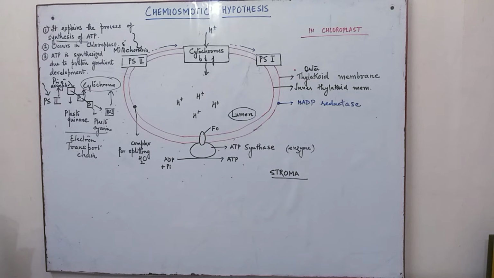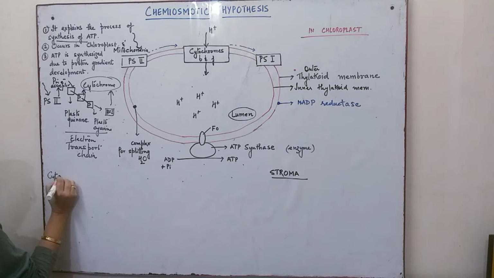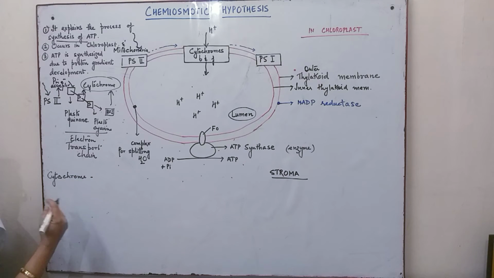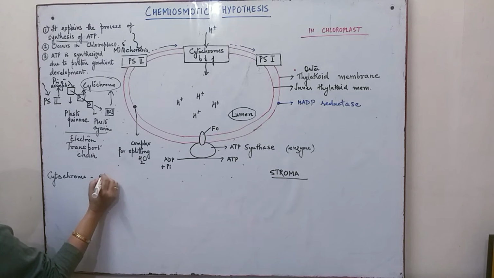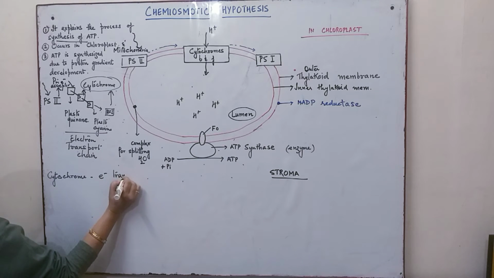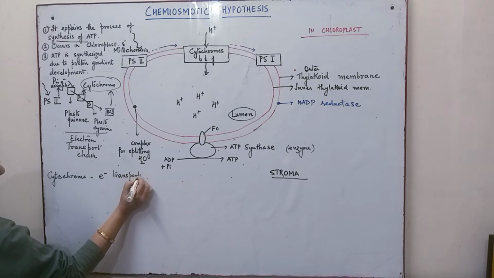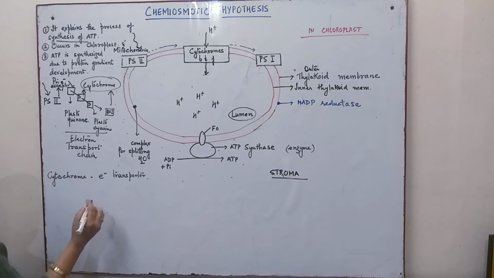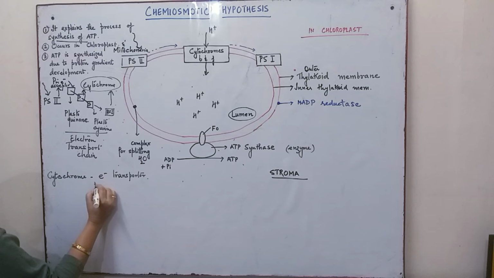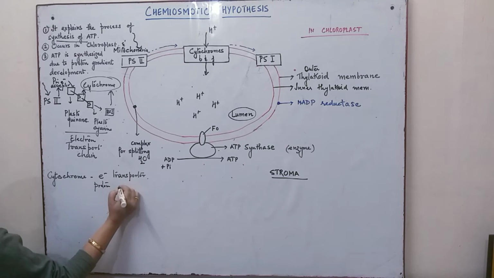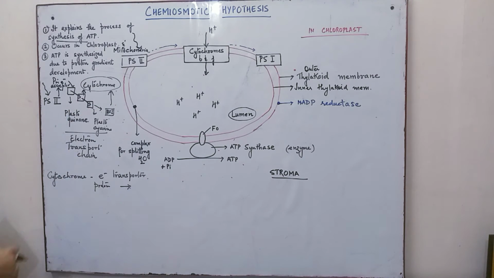So this is one source of energy, and here the cytochrome, although we say that cytochrome is an electron acceptor, is also an electron transporter, and it is actually helping as a proton transporter. It allows the proton to enter from the stroma into the lumen.